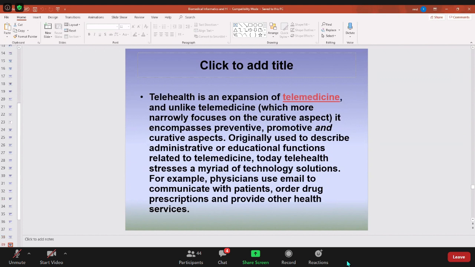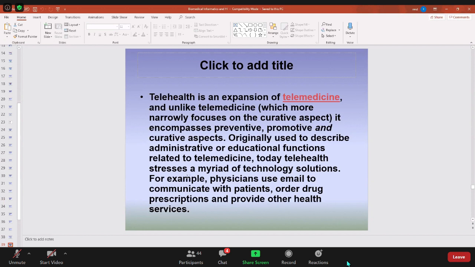Telehealth is an expansion of telemedicine. Unlike telemedicine, which has a narrower focus on just the curative aspect, telehealth is broader. You see, medicine and health are two different components, but sometimes people use these two terms interchangeably. Telemedicine is more related to curative, while telehealth is related not only to curative, but also to preventive and promotive aspects. Telehealth was originally used to describe administrative or educational functions related to telemedicine.